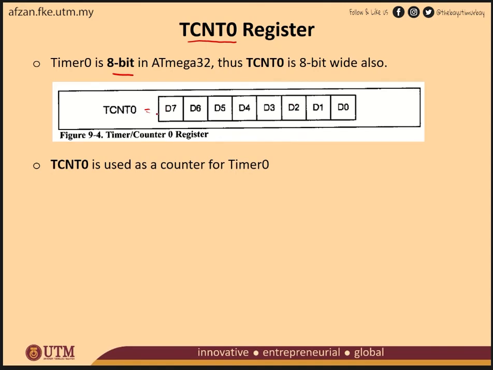The maximum value of your TCNT0 is 255, or FF in hexadecimal. So this TCNT0 is used as a counter for timer 0.